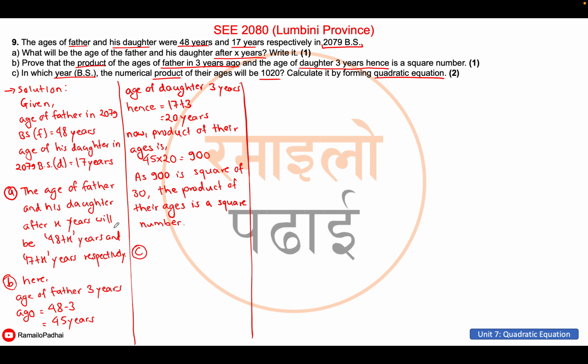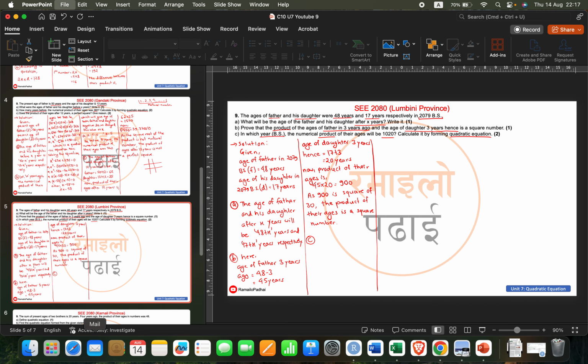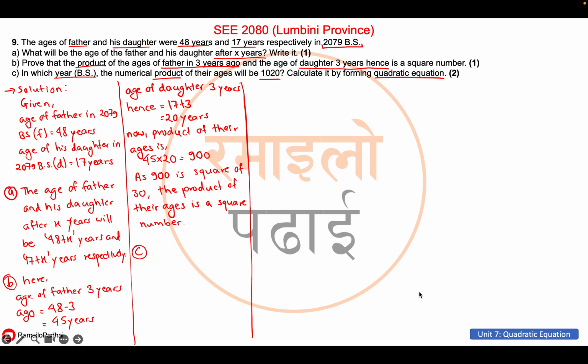But before that, I will just save this document so that it will be easier for me to write. Okay, it is saved. Okay, in which year BS the numerical product of the ages will be 1020, calculate it by forming a quadratic equation.